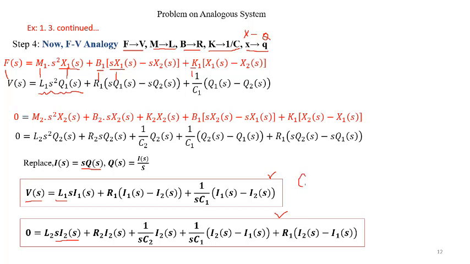Write it in a circle, V. Then we are having the inductance, and resistance and 1 by C capacitance. All the three elements are in series, but the net current flowing through the resistance and the capacitance is I1 minus I2. So those have to be kept in common.